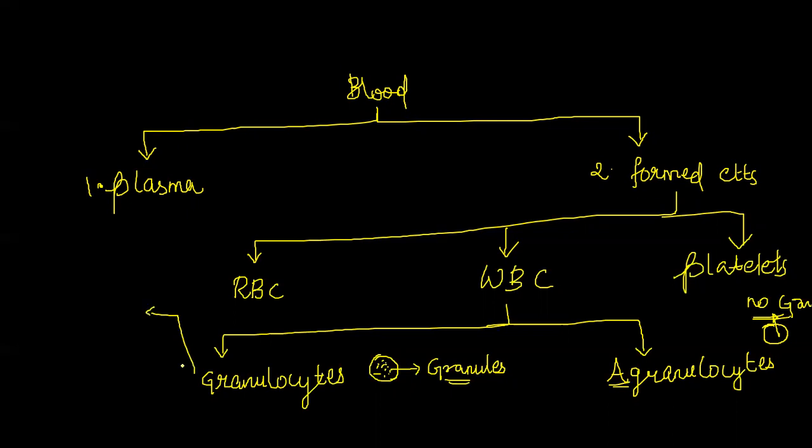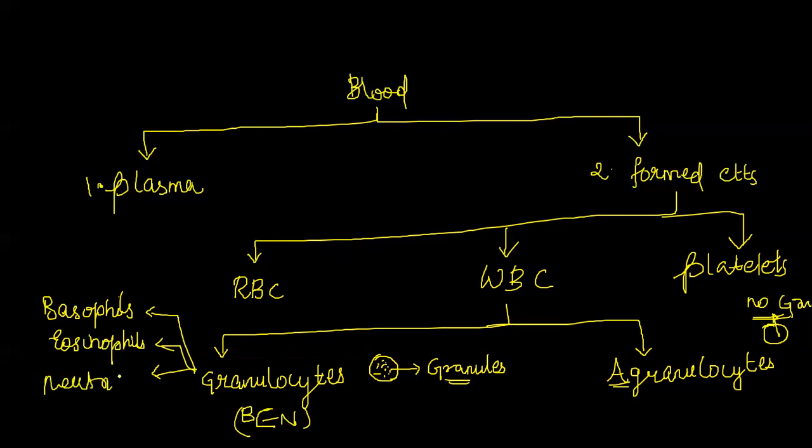Granulocytes can again be classified into three. Just remember granulocytes as BEN. What is BEN? BEN stands for granulocytes, that is basophils, eosinophils, and neutrophils.